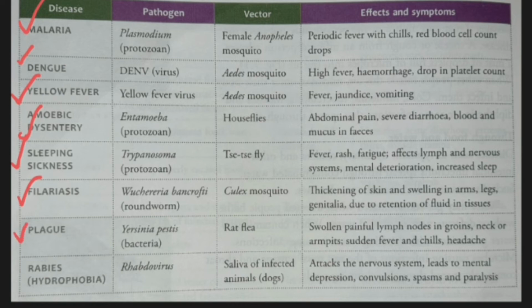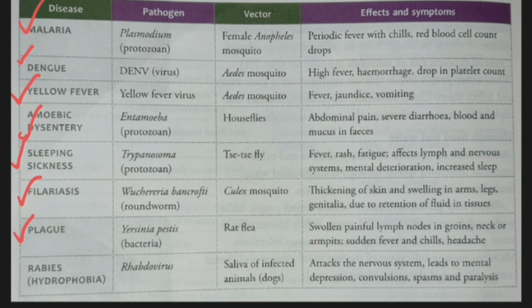The next is plague. The pathogen is Yersinia pestis. It is a bacteria, and the vector is the rat flea. The symptoms are swollen painful lymph nodes in the groin, neck, or armpit area, sudden fever and chills, and headaches.